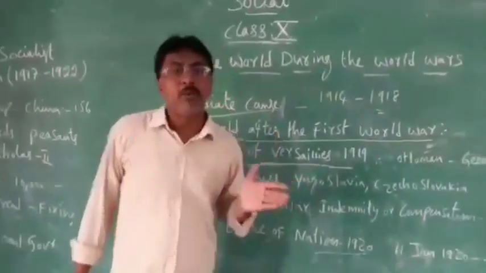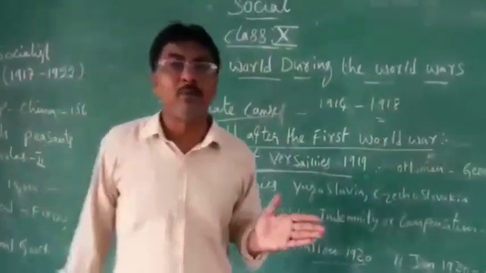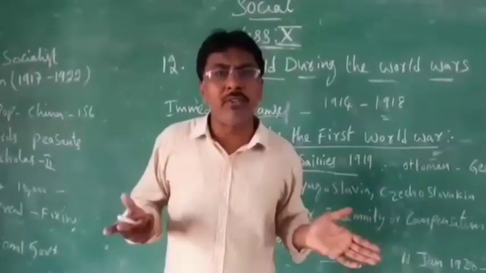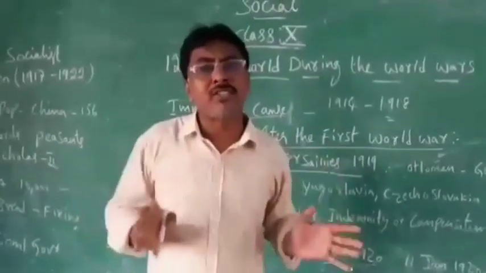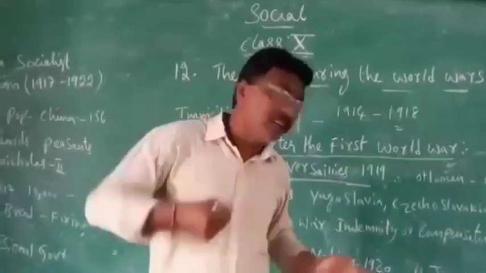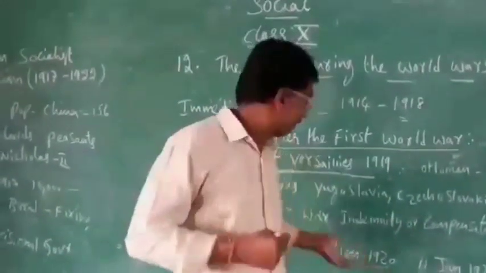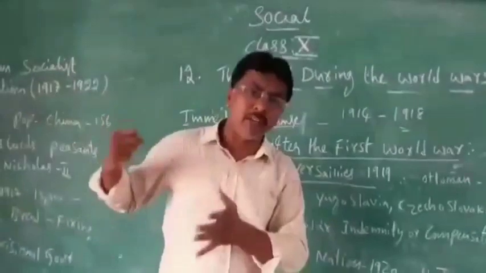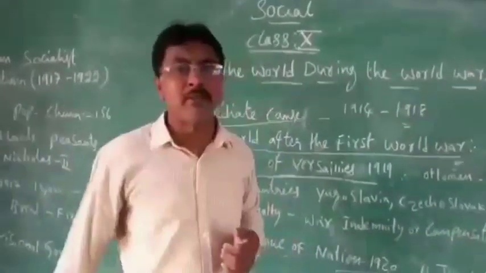The victorious people, you know who got the victory: England, France, Russia, USA, some other countries joined, and they gave the punishment to Germany. All countries became one, and they gave punishment to Germany.